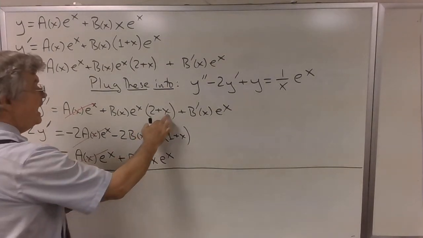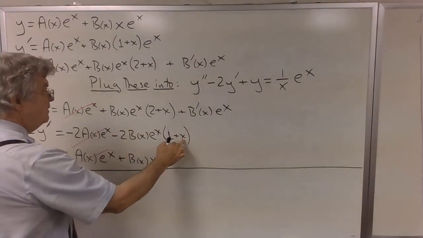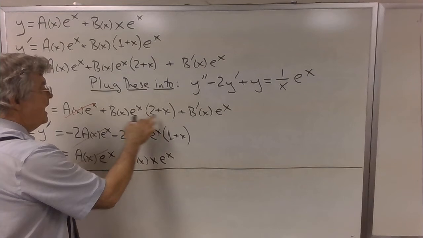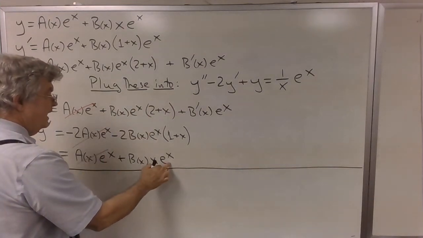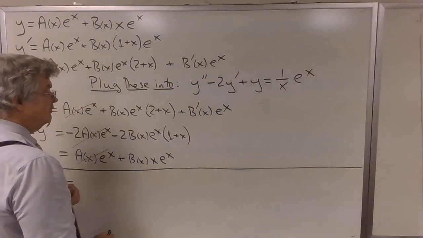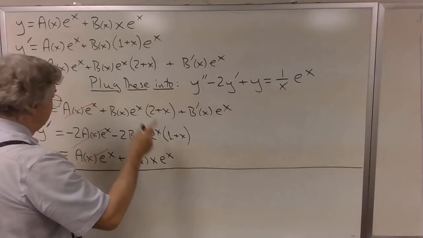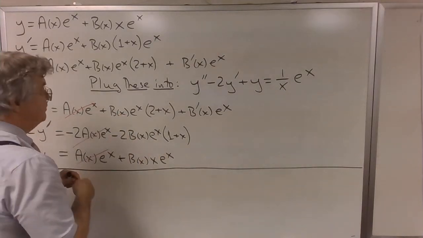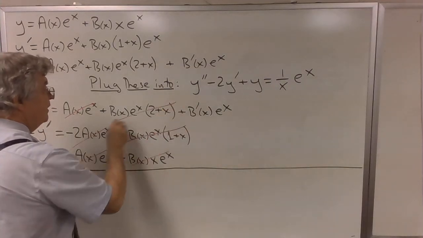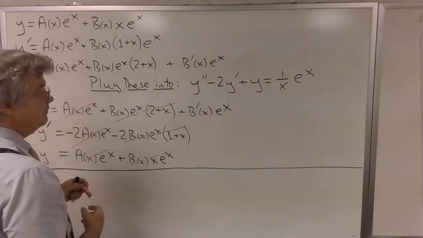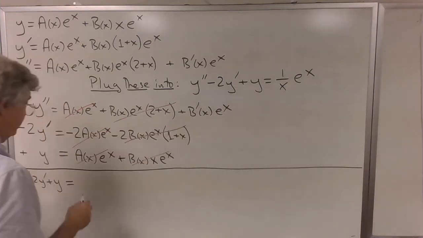Let's see. x bx e to the x, minus 2x bx e to the x, plus x bx e to the x. They add up to 0 also. Oh my goodness, this is wonderful. All we have left is this joker right here.